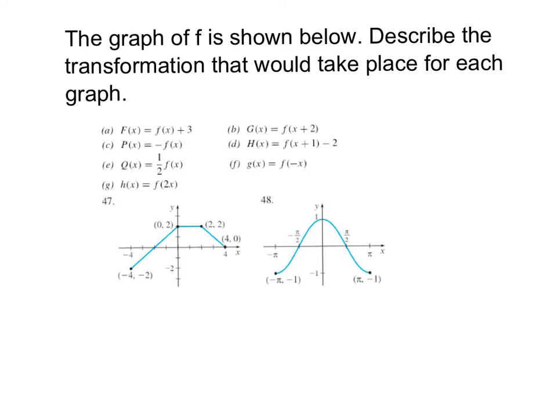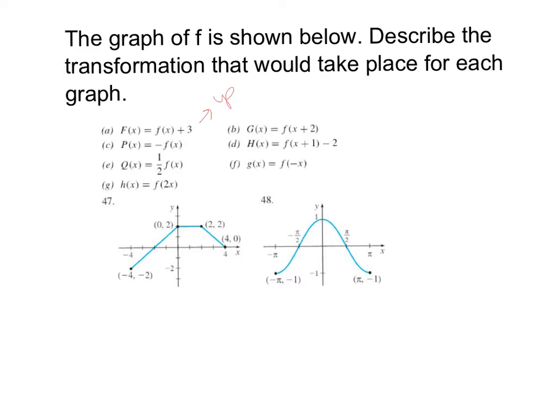All right, so this one, we're talking about a description. We're not graphing anything. Actually, you're not even using the pictures here. The graph of f is shown below. Describe the transformation that would take place for each graph. So +3, what does +3 do to a graph?